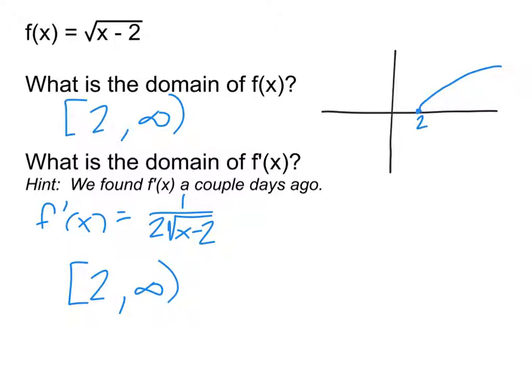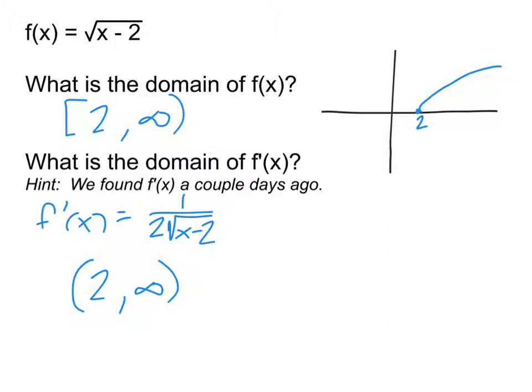I can't divide by 0 there. And what could I plug in for x that would make the denominator equal 0? 2. And so the domain of our derivative is very close to the domain of the original. The difference is that the 2 is no longer included. So it's still 2 to infinity, but it's non-inclusive. The whole reason being because our square root is now in the denominator, and we cannot divide by 0.